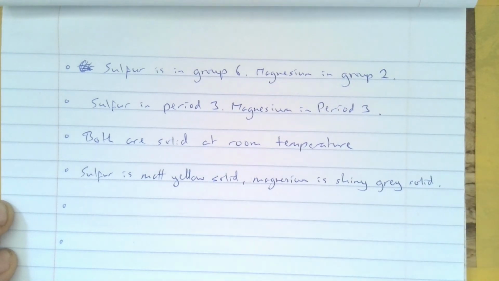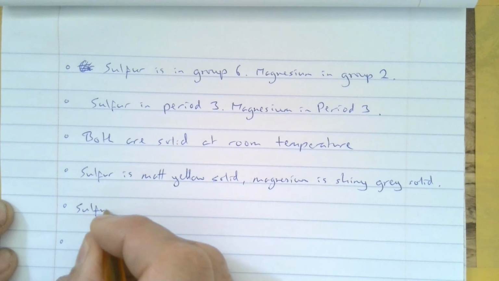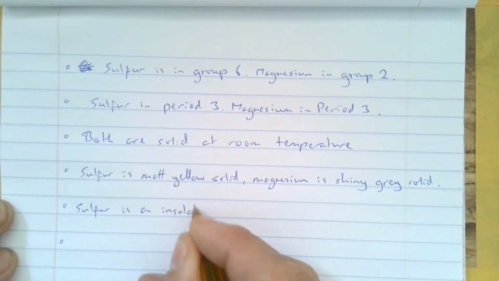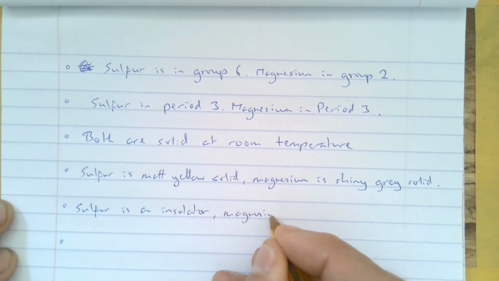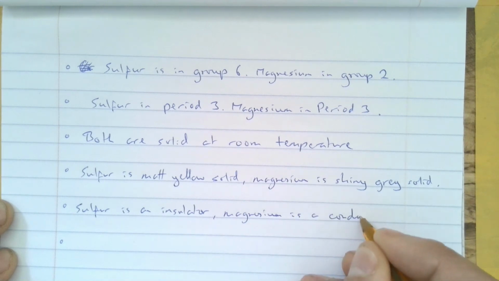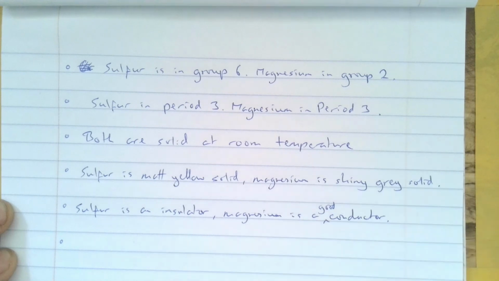Well, I know that magnesium is a good electrical conductor and sulfur is an insulator. So sulfur is an insulator, that means it's a poor conductor. Magnesium is a conductor, in fact I might write good conductor there. What else? Well, sulfur is a non-metal and magnesium is a shiny grey metal.